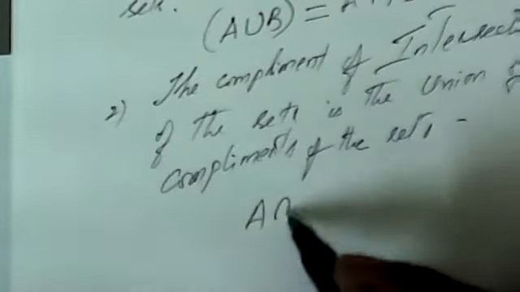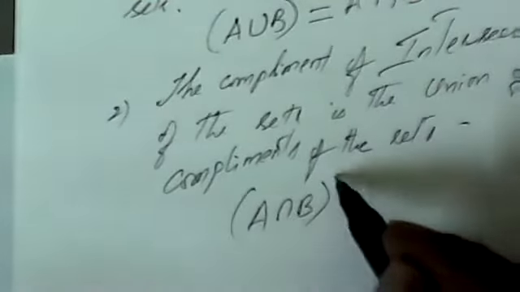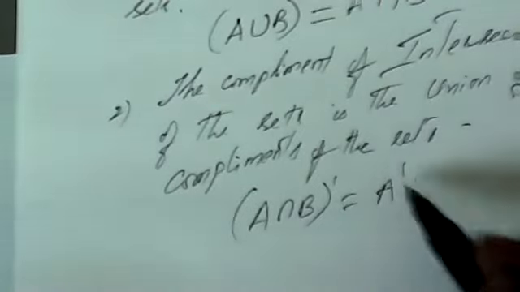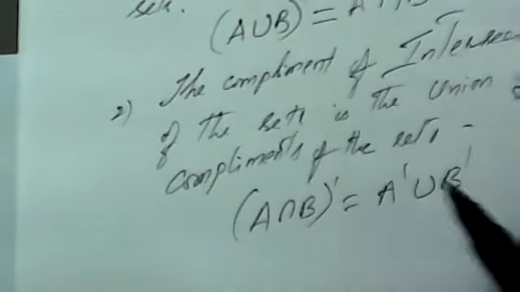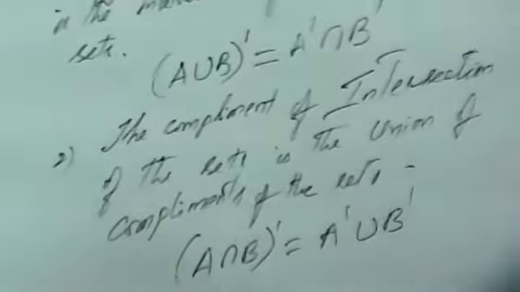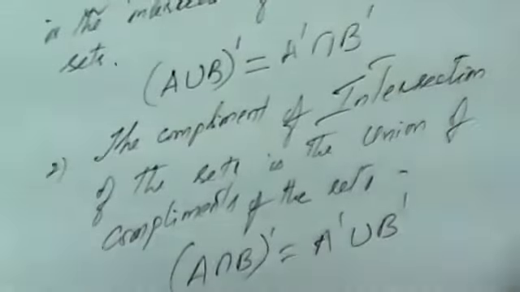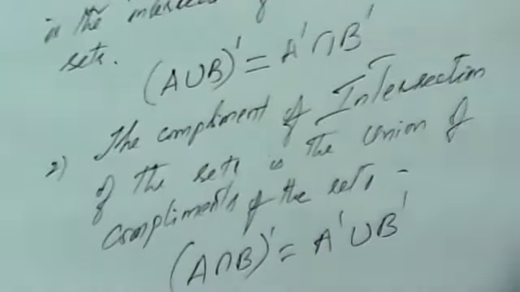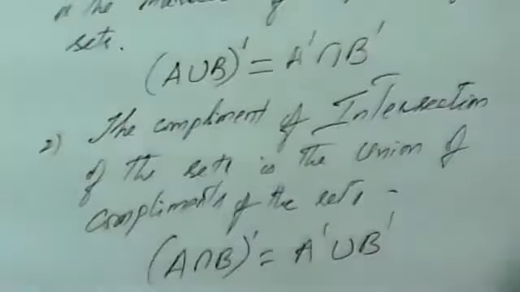That means consider A intersection B whole complement equal to A complement union B complement.